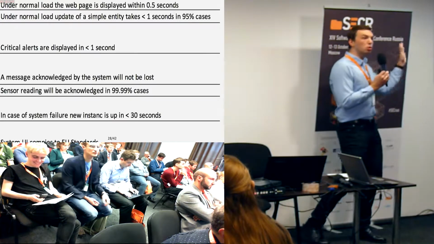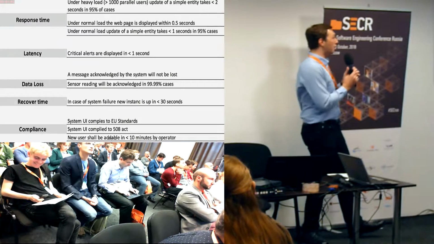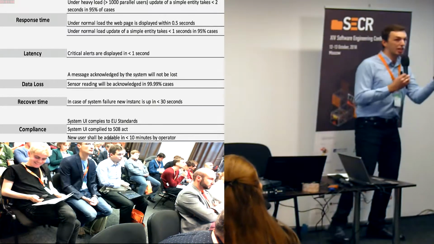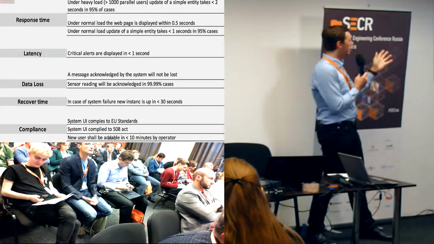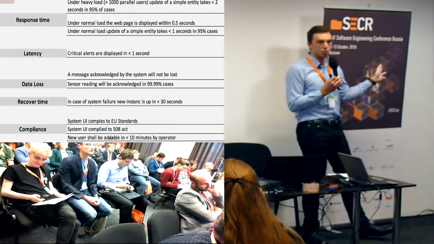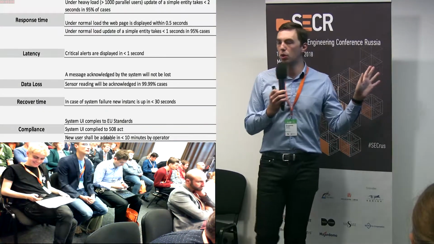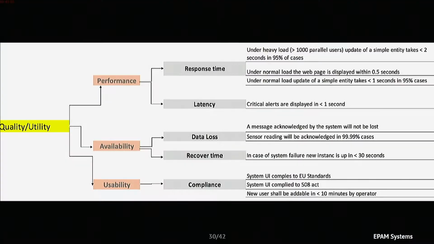Okay, what do you do with those lists? You categorize them by what they tell you about. For example, the first 3 are about the response time of your system, right? The last ones are about compliance or user experience. When you have grouped those requirements by their meaning, you can group them in some larger groups. So, for example, response time and latency go to the group performance.